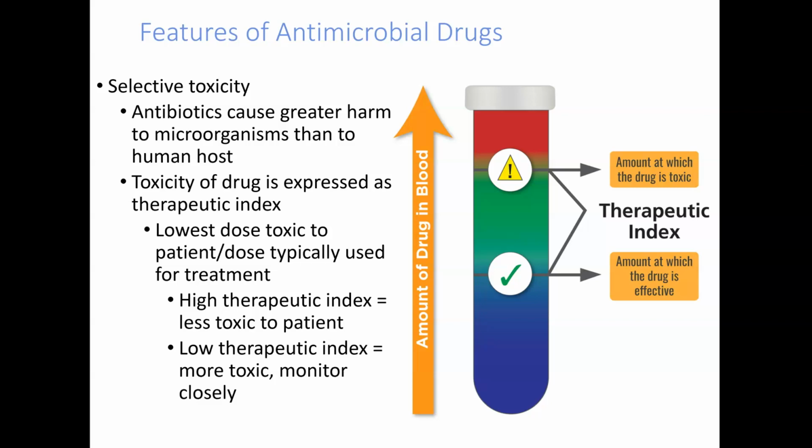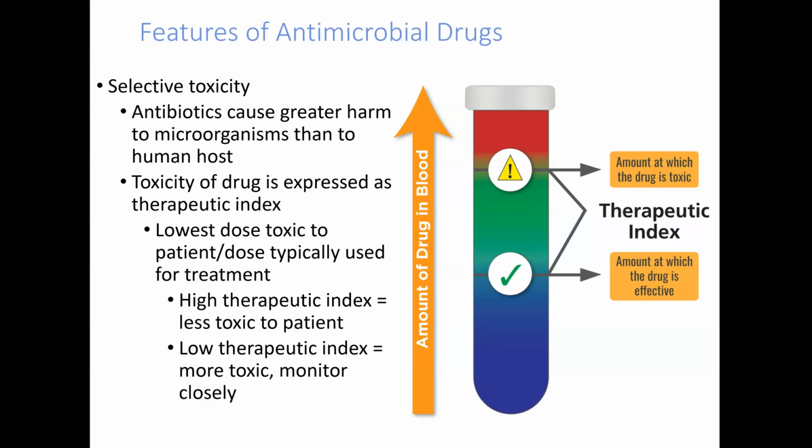And so to describe the toxicity of a certain drug, we call it the therapeutic index, and a derivative of the therapeutic index is the therapeutic window. I'll talk about what that is in the next slide. When we talk about the therapeutic index, we want it to be really high or really big. So let's think about two concepts.